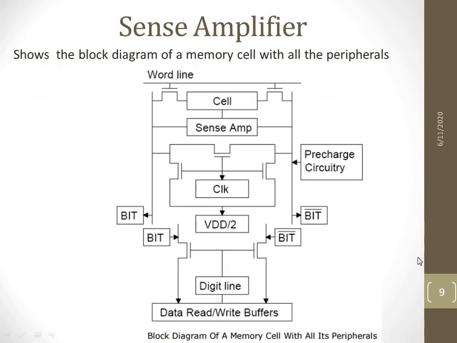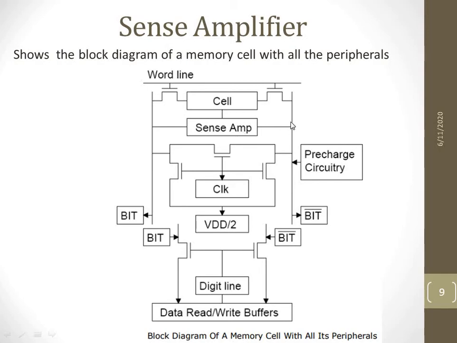This shows the block diagram of a memory cell with all its peripherals. You can see here it consists of bit line, bit bar line, precharge circuitry, and word line. The cell here indicates the SRAM cell, and as I told you, it will also have a differential sense amplifier.